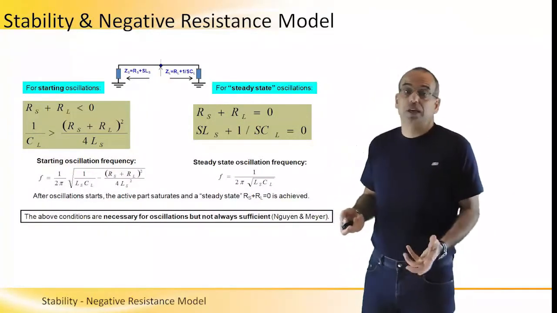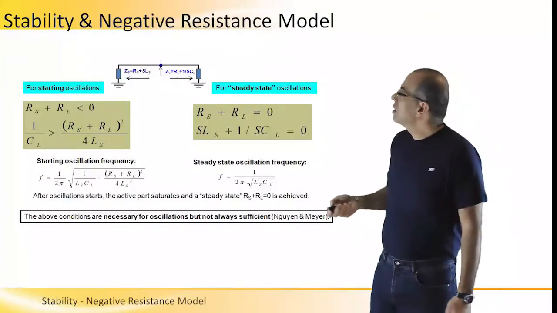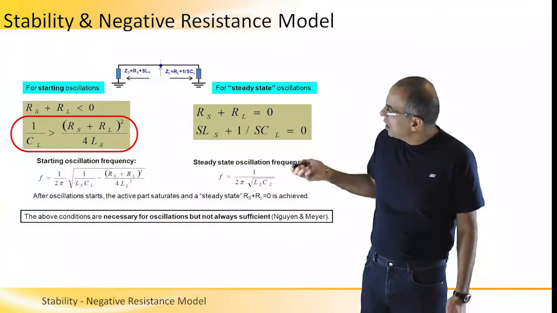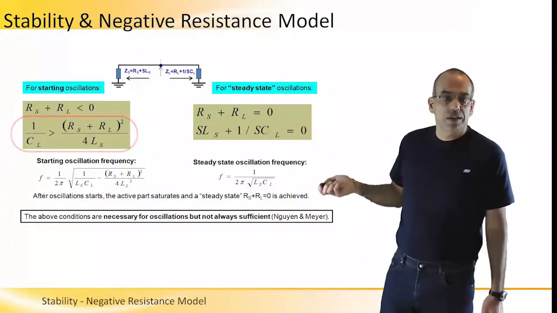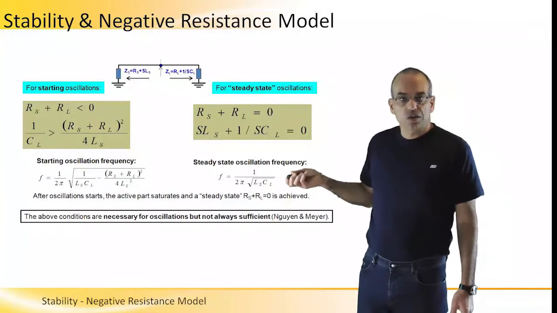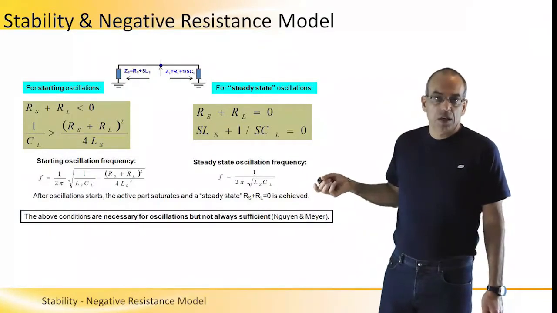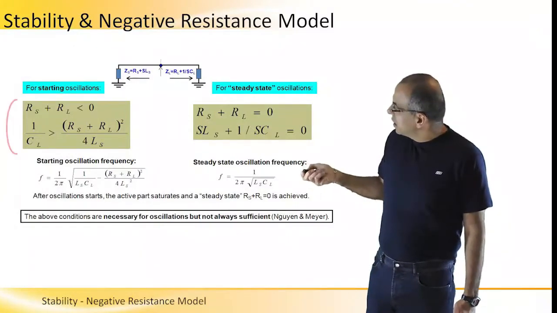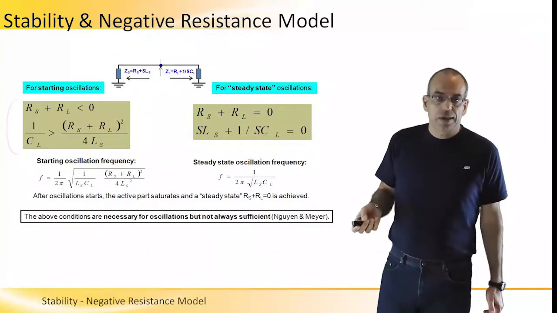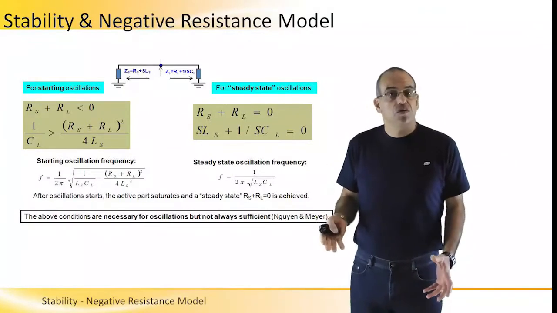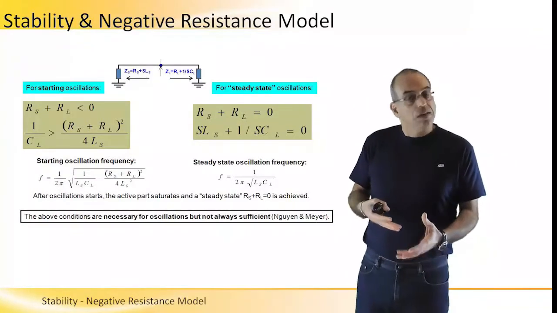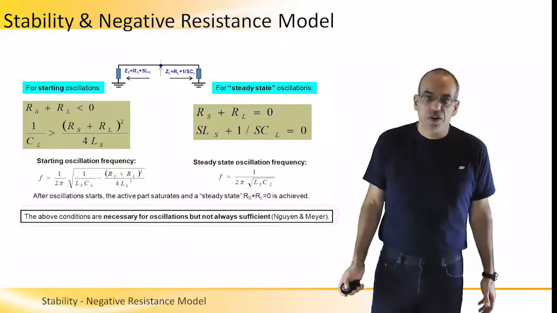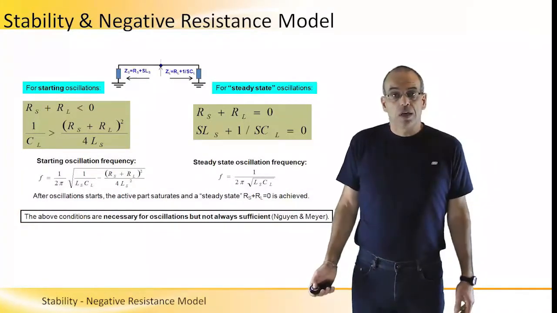So one of them at least must be negative. We also need this other condition: 1 over CL needs to be higher than (RS plus RL) squared over 4LS for oscillations to start. These two conditions are necessary for oscillations, but not always sufficient, as you can see in this reference below.